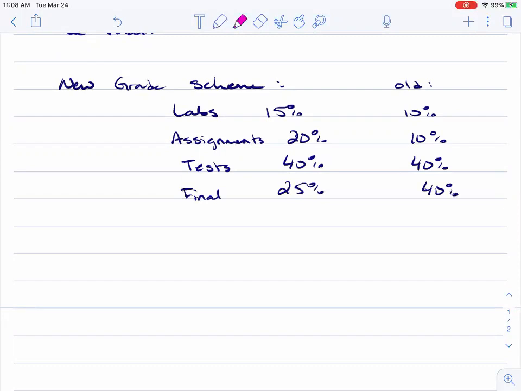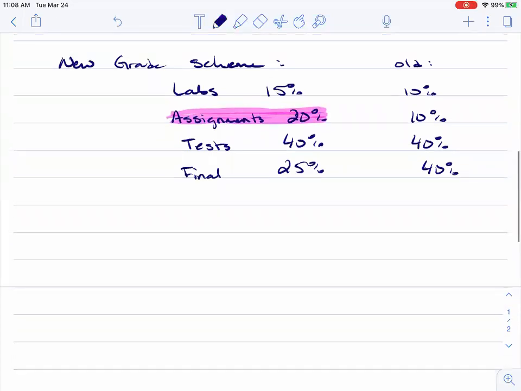Okay. So here, this is the one that I'm most concerned about, your assignment grade. Because I think what some people were doing was they were saying, okay, 10% of my grade, I don't really care about that. So I'm just not gonna buy WebAssign and I'm just gonna go with it.